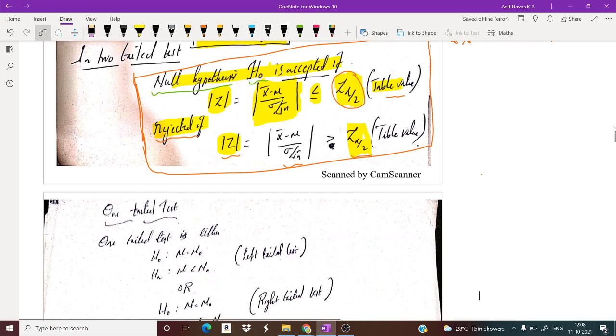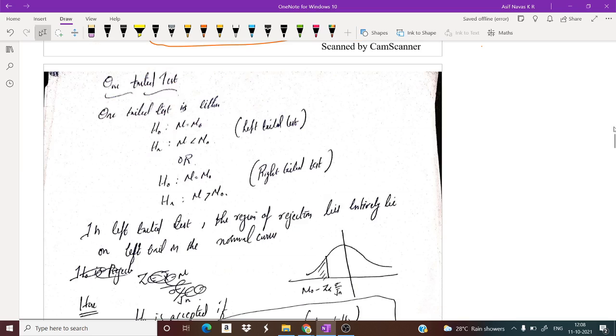Now next is the one-tailed test. There are two types of one-tailed test. One is the left-tailed test and the second one is the right-tailed test. In the left-tailed test, here we have H naught, our assumption is mu equal to mu naught, and our alternative hypothesis is mu less than mu naught.